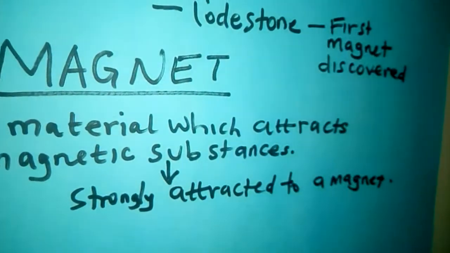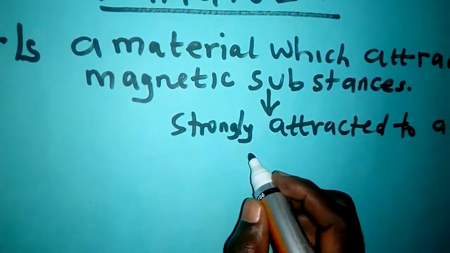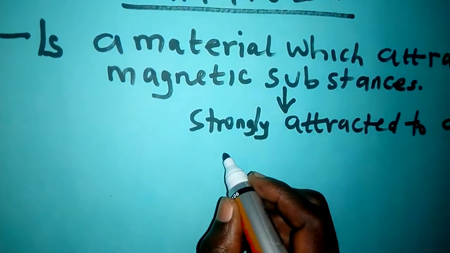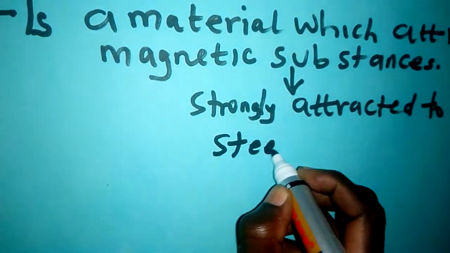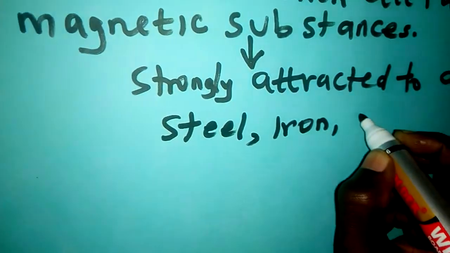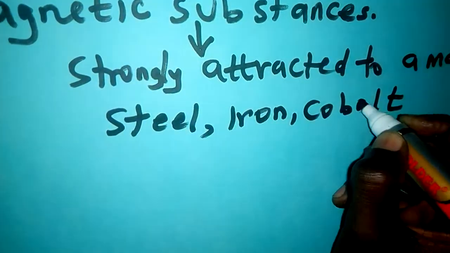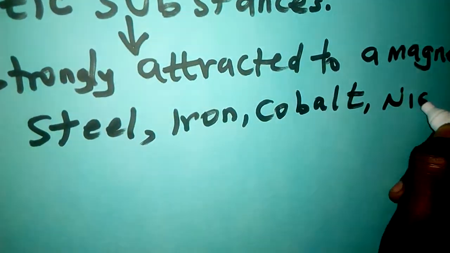Materials which are easily attracted to a magnet. And what are the examples? We have examples: steel, iron, cobalt, and nickel.